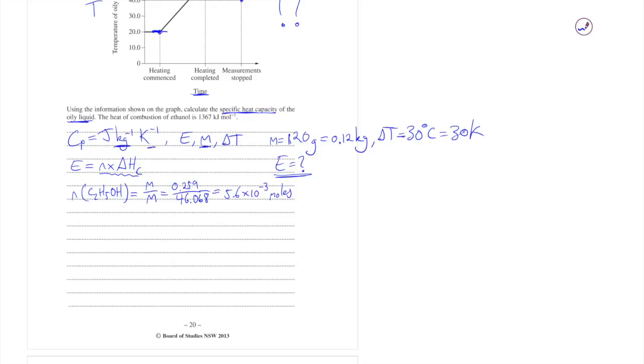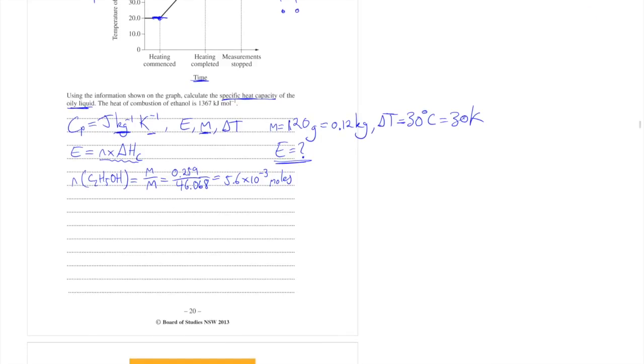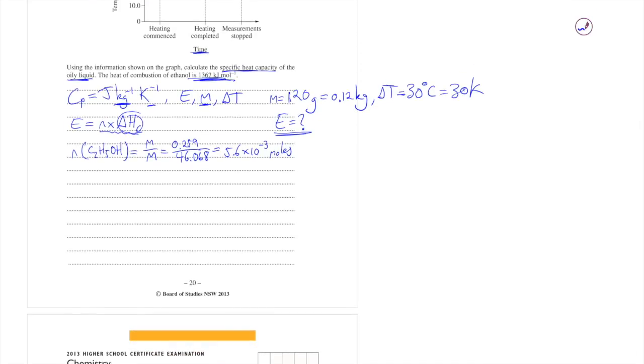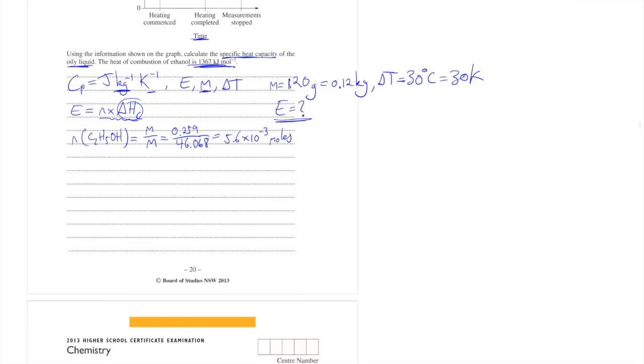So, let's work out that energy. Now, thankfully enough, we actually have this heat of combustion right here. So we don't need to do anything to work that out. Instead, all we have to do is actually times those values together.